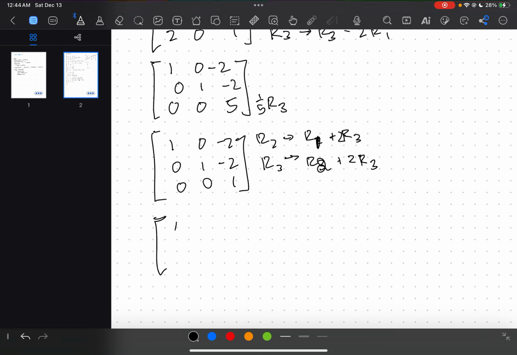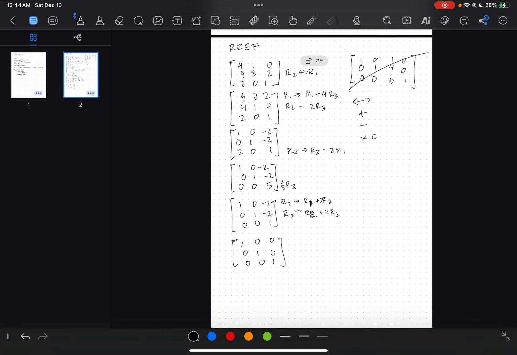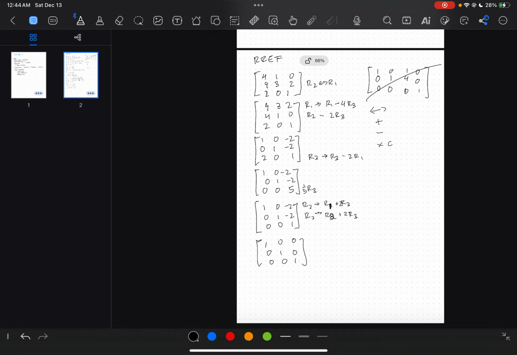And then that means we have 0, 1, 0, 0, 0, 1, 0, 0, 0, 1. So I guess I just got to the identity matrix basically.